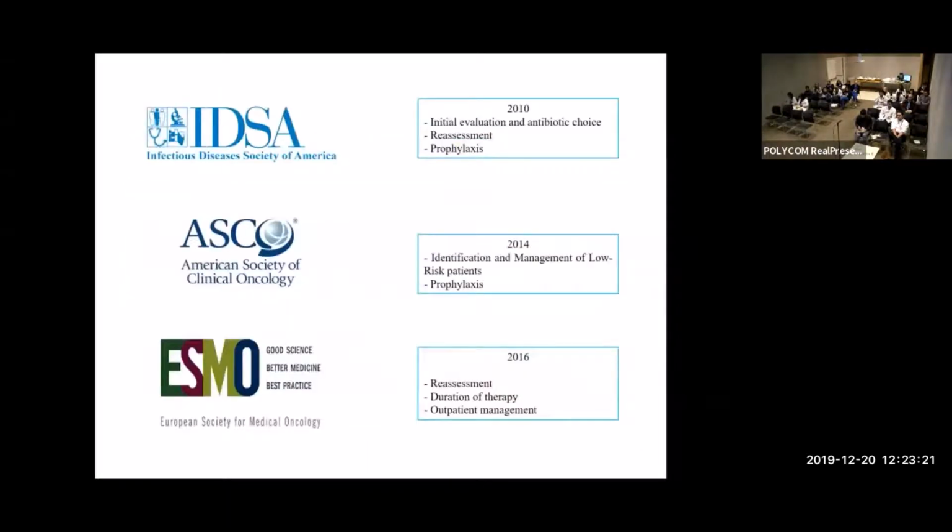In the literature, the most recent guidelines published here in the US by the IDSA are a little outdated. They go back to 2010, and they focus on the initial evaluation of these patients, what antibiotics to use, when to do the reassessment and on their ongoing course, and what prophylaxis to use.